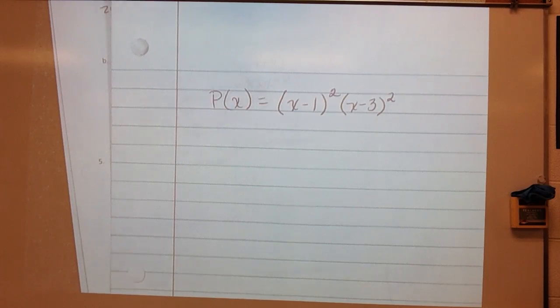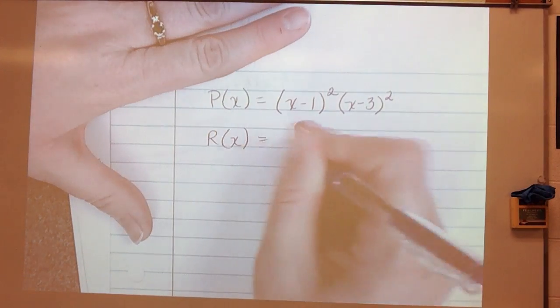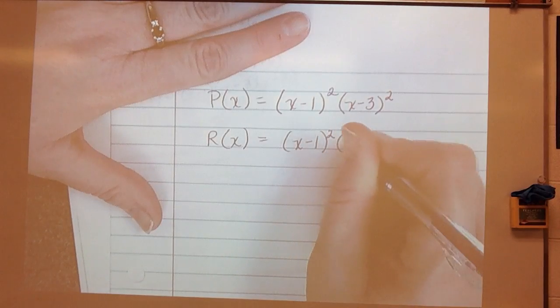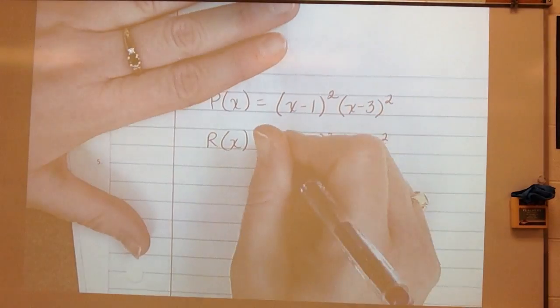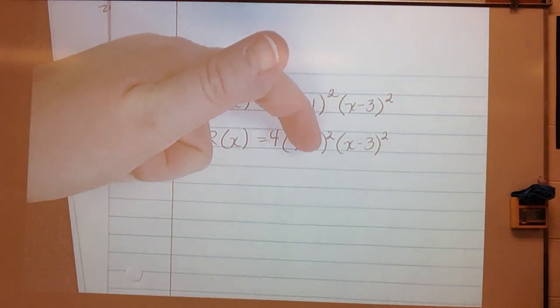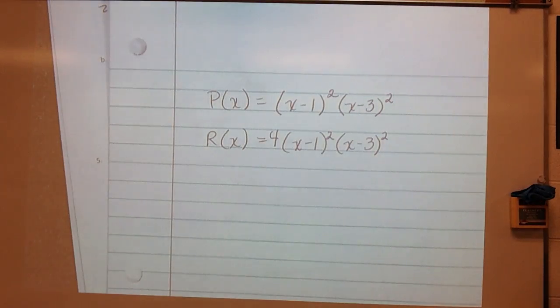Well, I can. If I still keep my zeros at 1 and 3 with a multiplicity of 2, but let's say I decide to multiply the whole thing times 4. I still have zeros at 1 and 3, and I still have multiplicities of 2, so it does not change that information.